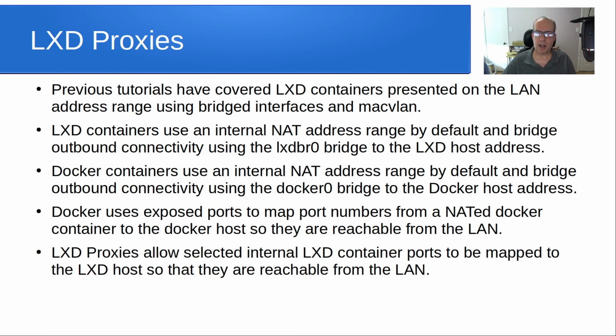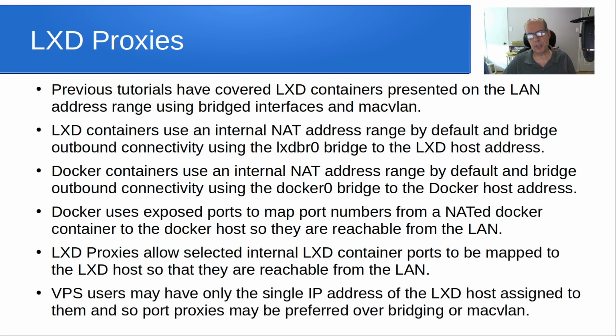And LXD proxies do the same thing in allowing the internal LXD container ports that are running on internal NATed addresses to be mapped to the LXD host so that they are reachable from the LAN.